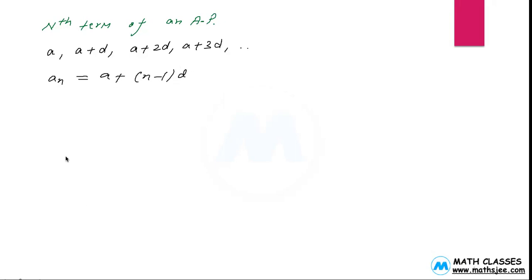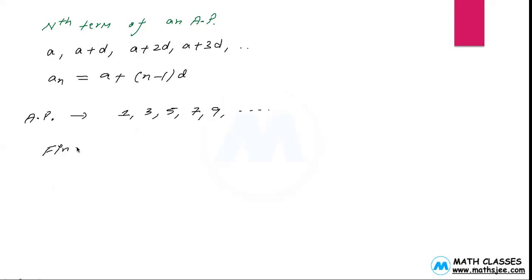So now with this, let us say we have an AP written as 1, 3, 5, 7, 9, and so on.